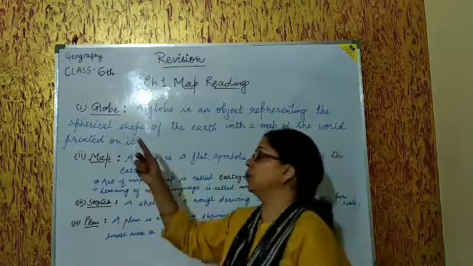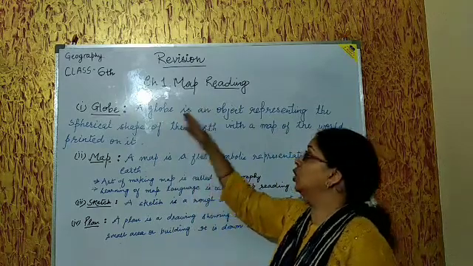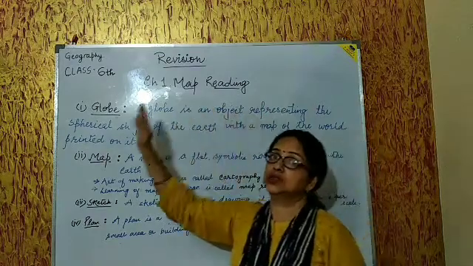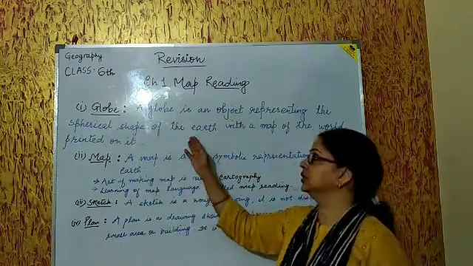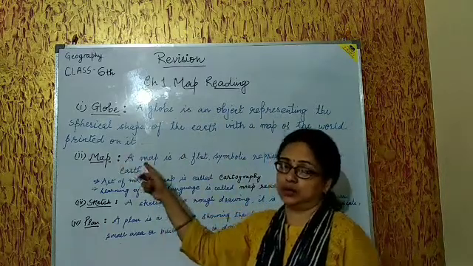First is globe. What is a globe? A globe is an object representing the spherical shape of the earth with a map of the world printed on it.